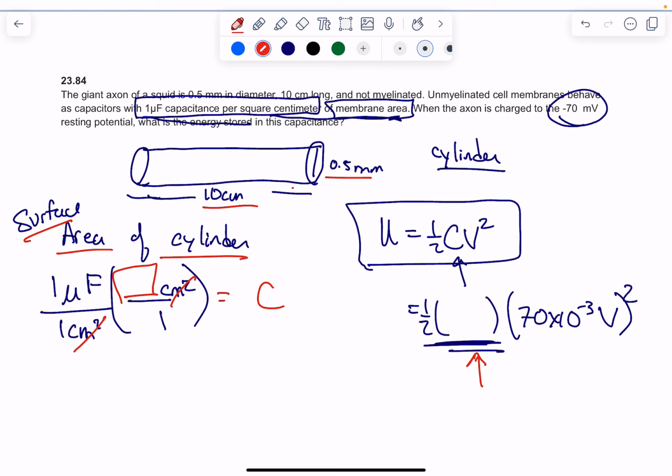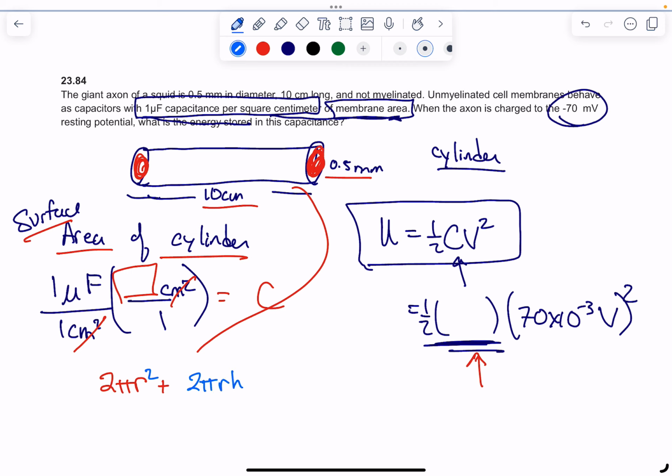And the surface area equation of a cylinder is going to be 2 pi r squared, because that's the surface area of the two disks, plus the other portion, which will be 2 pi rh.